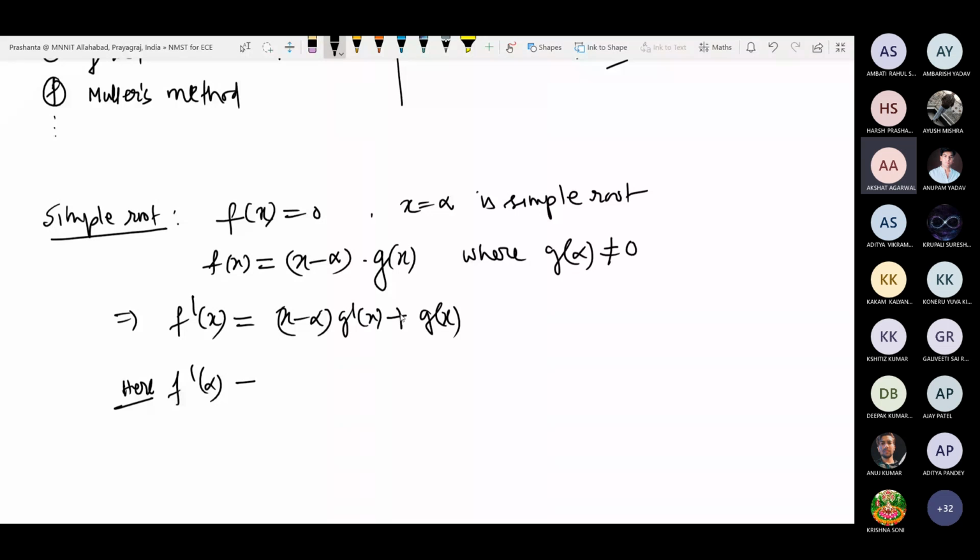What is f dash alpha? g of alpha, which is not equal to 0. Here I have mentioned that. So that tells you that x equals alpha is a simple root. So the mathematical criterion for a root to be simple is f of alpha will be 0, but f dash alpha should not be 0. So this is the mathematical criterion for a root to be a simple root.